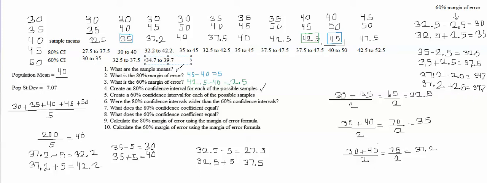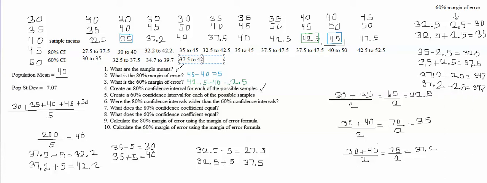And when you do this one, you take the sample mean and you subtract 2.5 and you add 2.5 just like we've been doing. 40 minus 2.5 comes out to 37.5. 40 plus 2.5 comes out to 42.5.